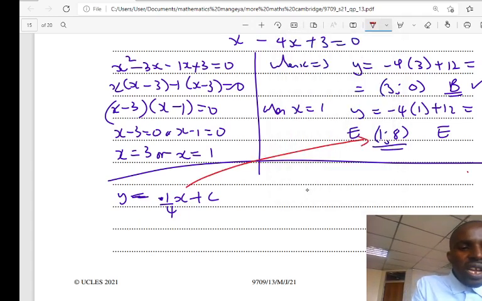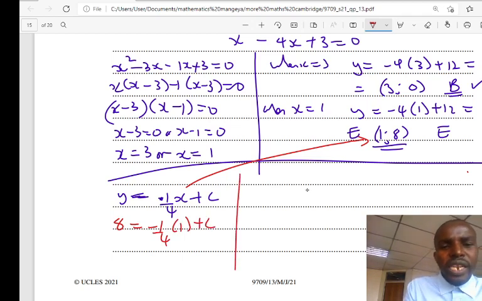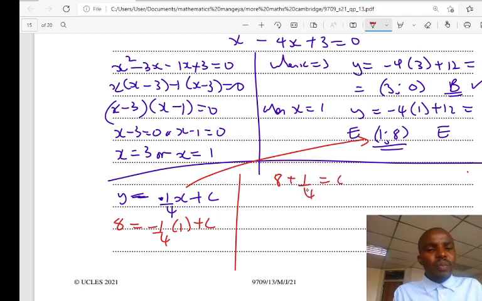You say y is equal to 8, minus 1 over 4, where there's x, put 1, plus c. Then it will be 8 plus a quarter is equal to c. What is 8 plus a quarter? It's 8 and a quarter, right? Then you get 33 over 4.